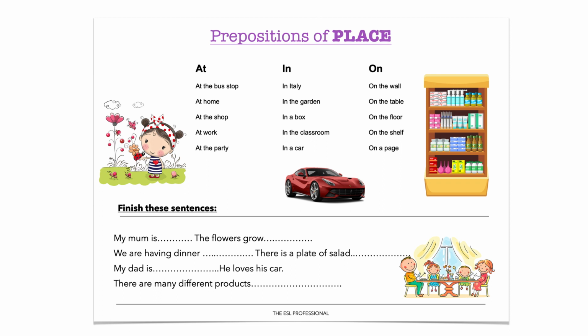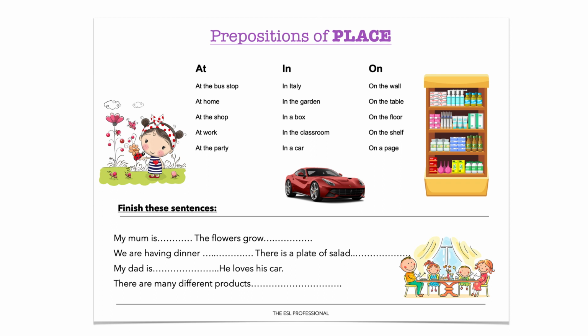Prepositions of place. So again, we're looking at these three prepositions: at, in, on. Preposition at: at the bus stop, at home, at the shop, at work, at the party.